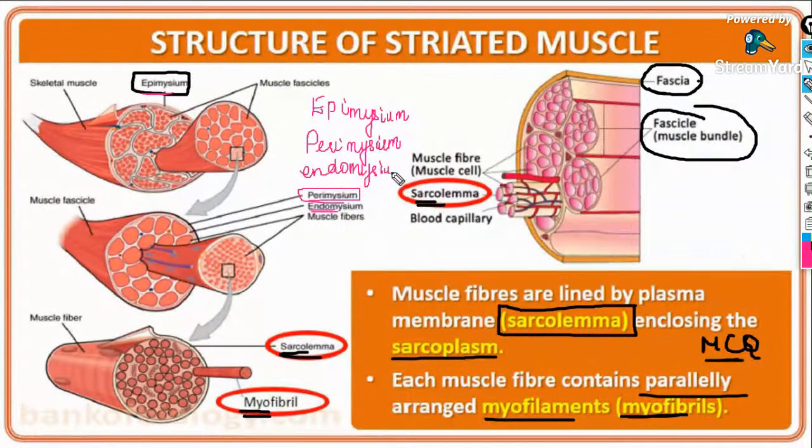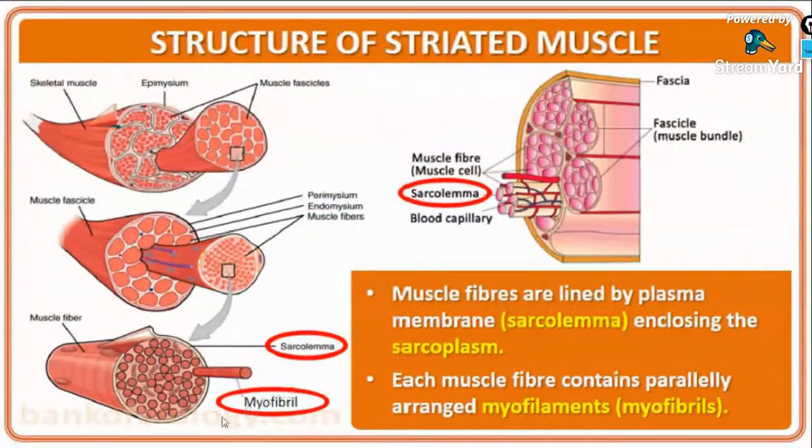These are the three different layers of a skeletal muscle. Clear? Outer layer epimysium, perimysium, and endomysium. Then they consist of parallelly arranged cells, which you will call the myofilaments or the myofibrils. Clear?